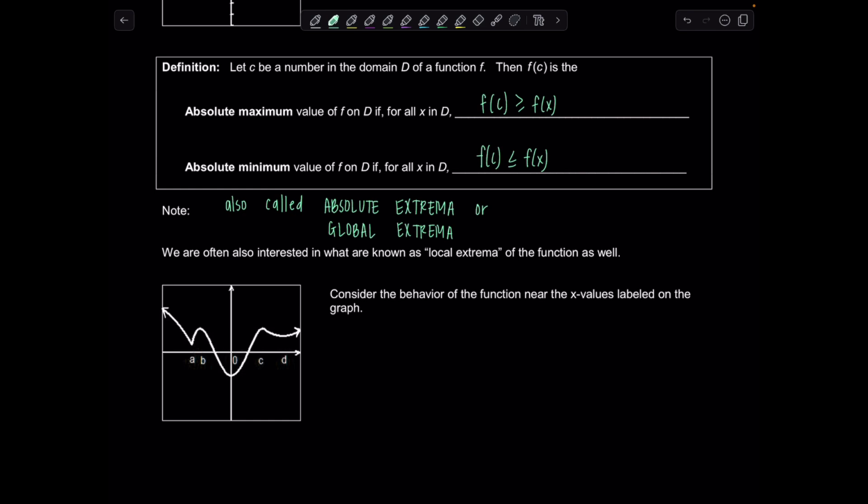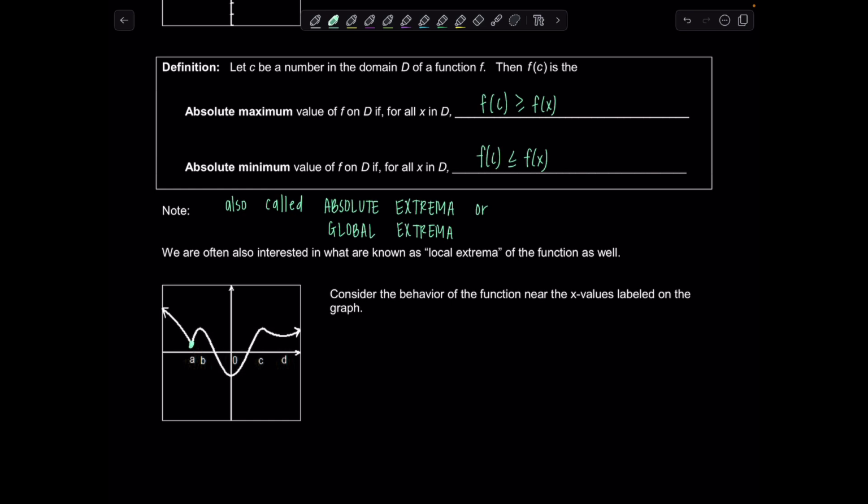So again, here's another little graph to motivate this idea. I want you to consider the behavior of the function near the x values labeled on the graph. Let's go in order from left to right. So starting right here, where x is equal to a. Look at the function at that point.